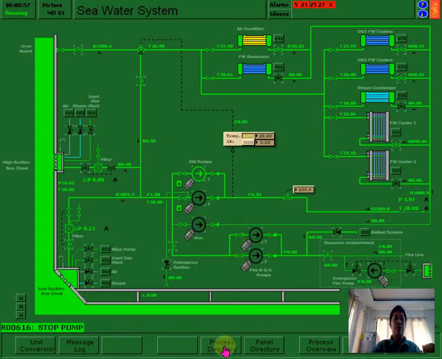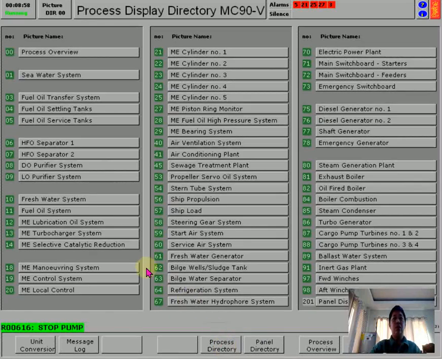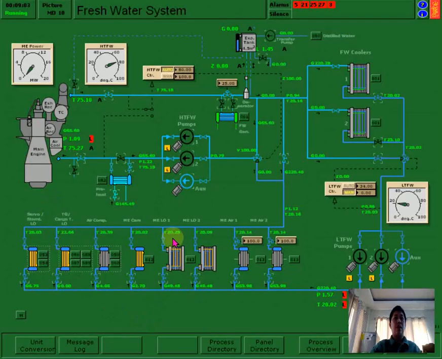Next, the fresh water. Here we will start the main pump and put it into remote. The high temperature water pump, and here also the low temperature water pump.